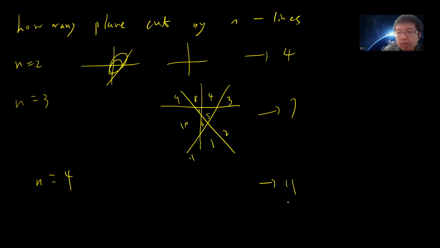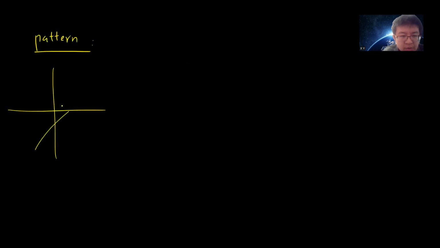The easy way to solve this is to find the pattern. There are more advanced ways to solve it, but let's solve it in a simple way. Suppose you already have n lines, and you add the n plus 1 line.